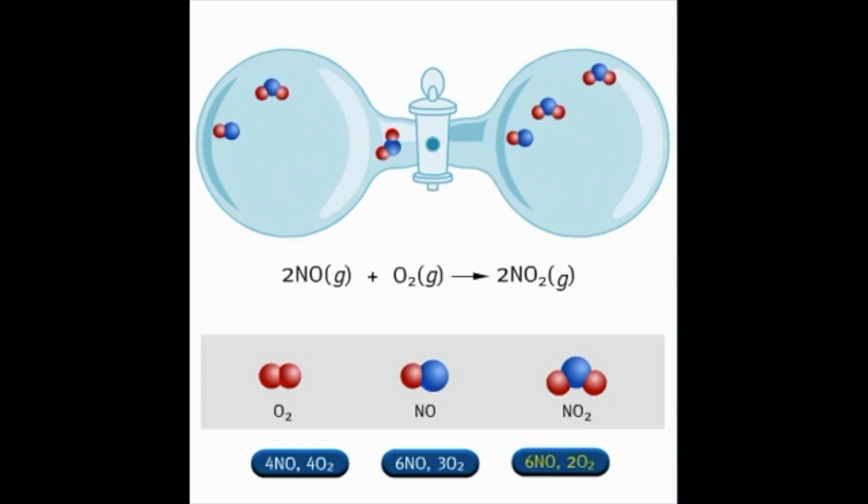Note the 1-to-2 mole ratio in the balanced equation. Therefore, 2 NO molecules remain after the reaction. The reaction stops once the oxygen gas runs out. O2 limits the amount of product that can be formed and is therefore called the limiting reagent. Nitric oxide is present in excess.